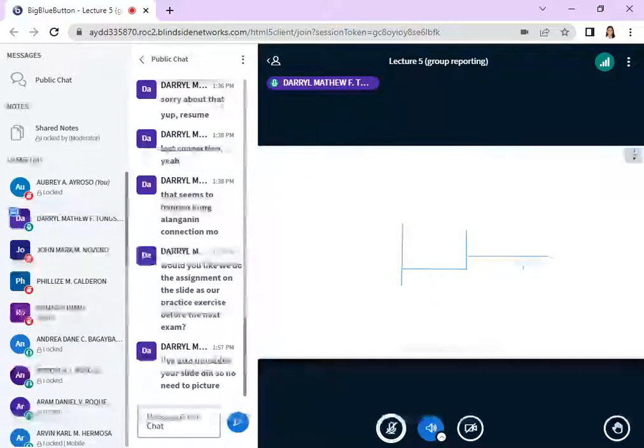I'm just grabbing a snippet of what's still here. So just like the first group, good job on presenting our problems. Somehow we were able to see the process step by step.